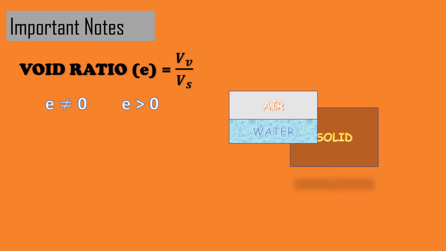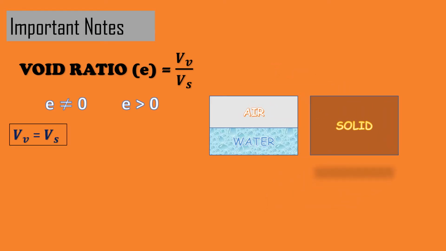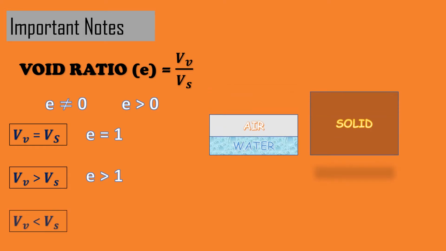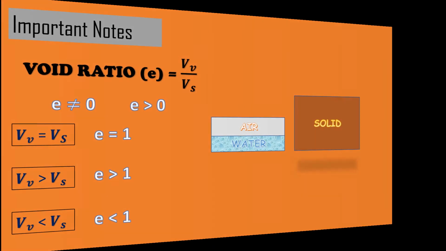However, if the volume of voids is equal to the volume of solids, the value of void ratio will be equal to 1. And if the volume of voids is more than the volume of solids, the void ratio will be more than 1. And if the volume of voids is less than the volume of solids, the void ratio will be less than 1, but more than 0.